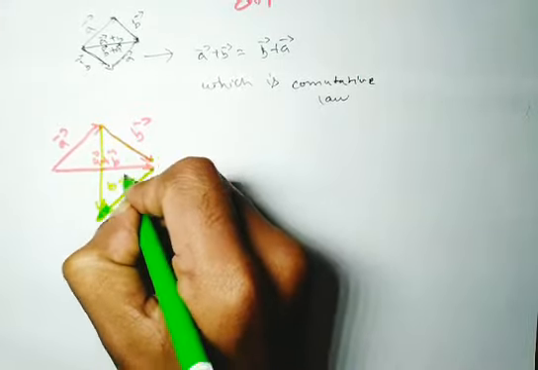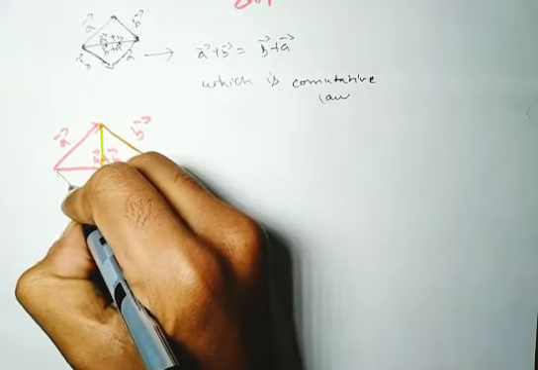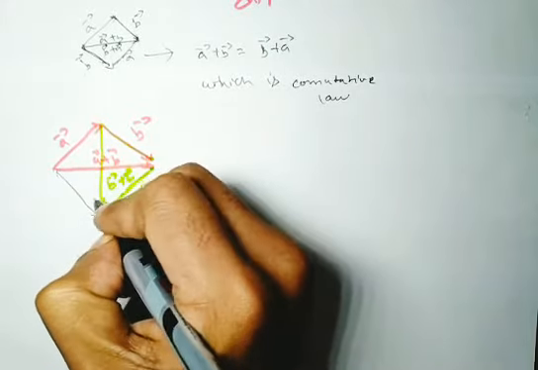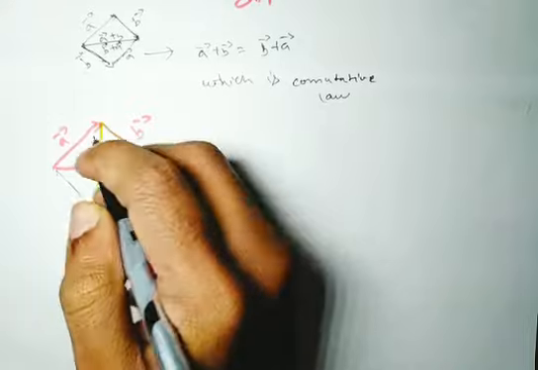So what will this vector be, from here to here?